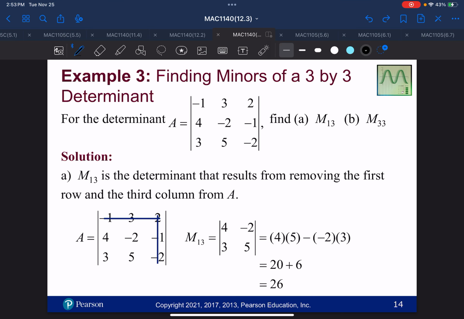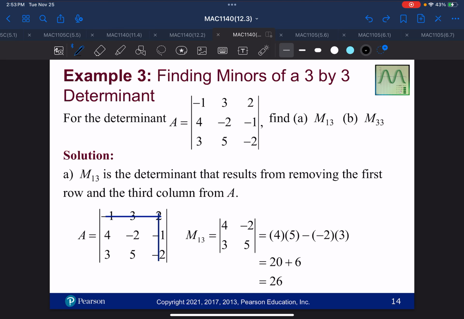Okay, so first of all, before we do an example with this, we're going to talk about finding minors of a 3 by 3 determinant. So minors are going to be kind of like what I just explained. So for example, they want me to find M sub 1,3.